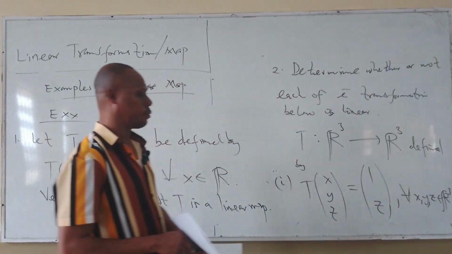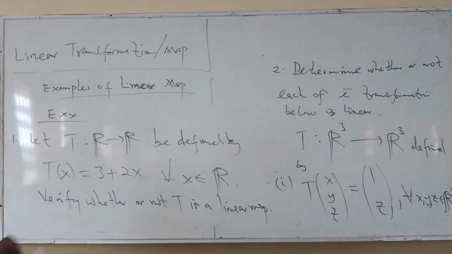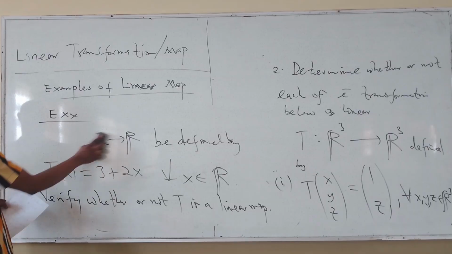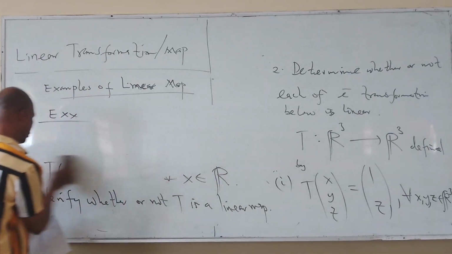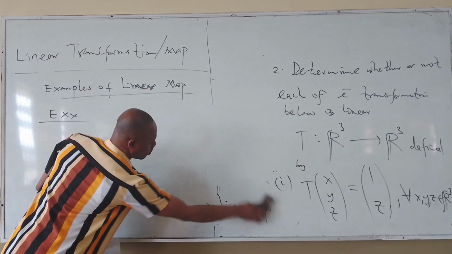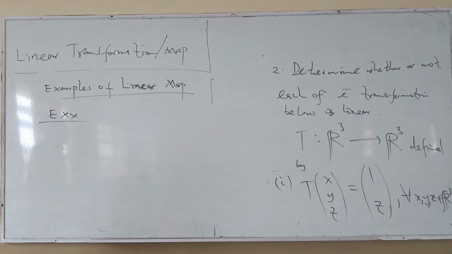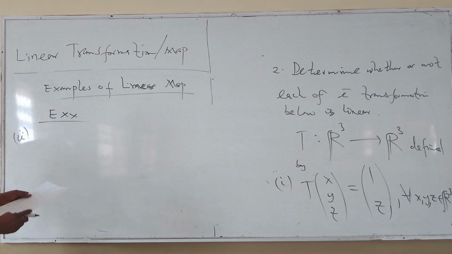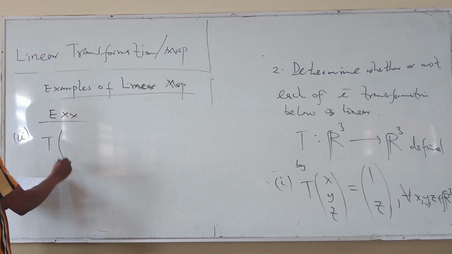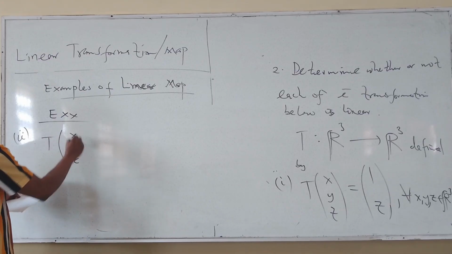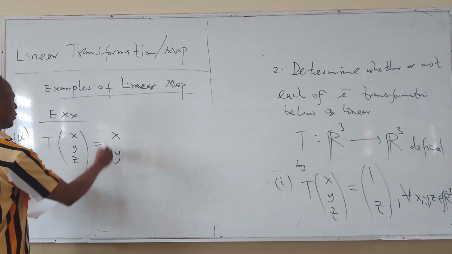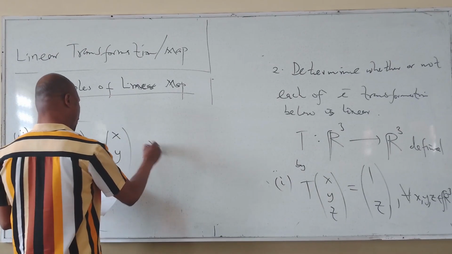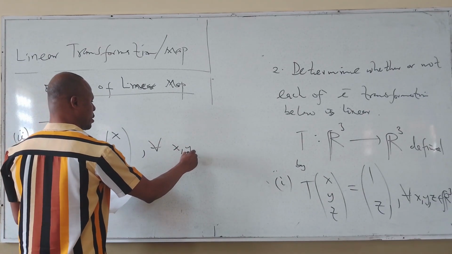Just try the exercise. Yeah, you try later. Next, T of x, y, z equals x, y, comma, for every x, y, z.